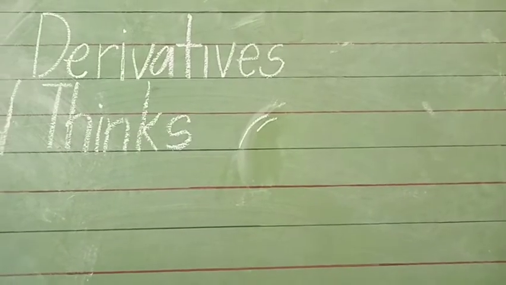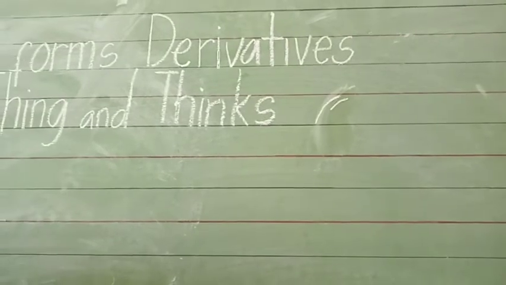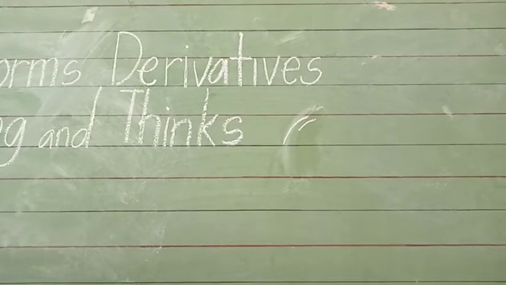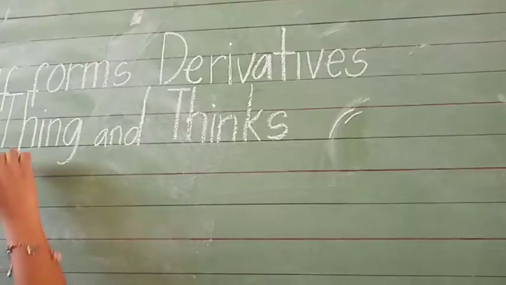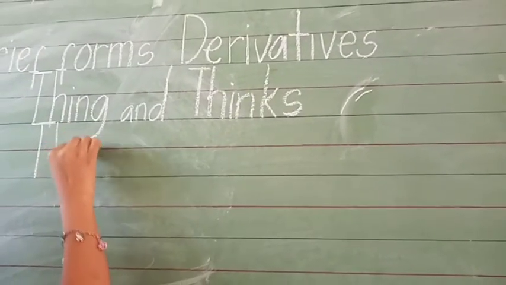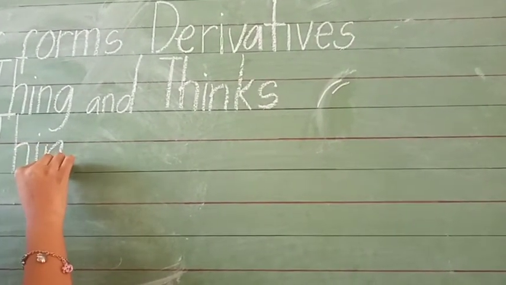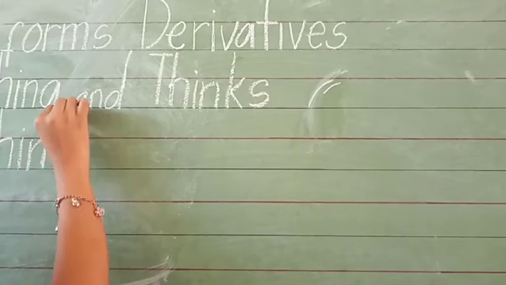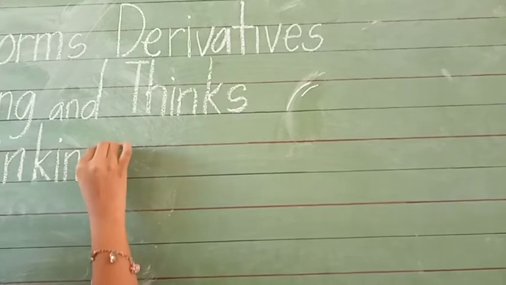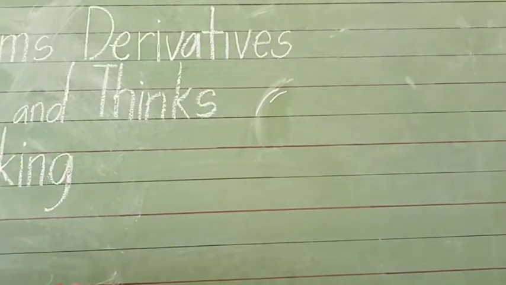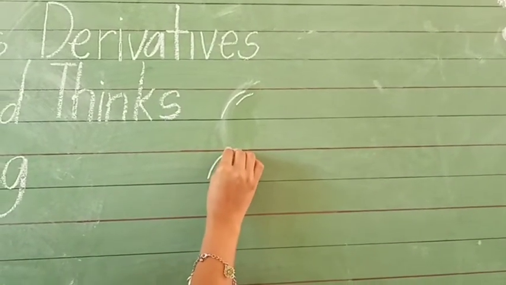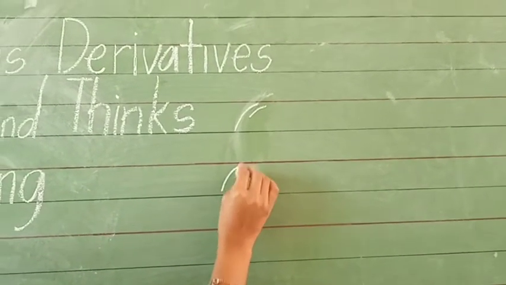As you can see, a disjoint left S is used to express things and thinks. Next, thinking is represented by over ITH with 2 dots.